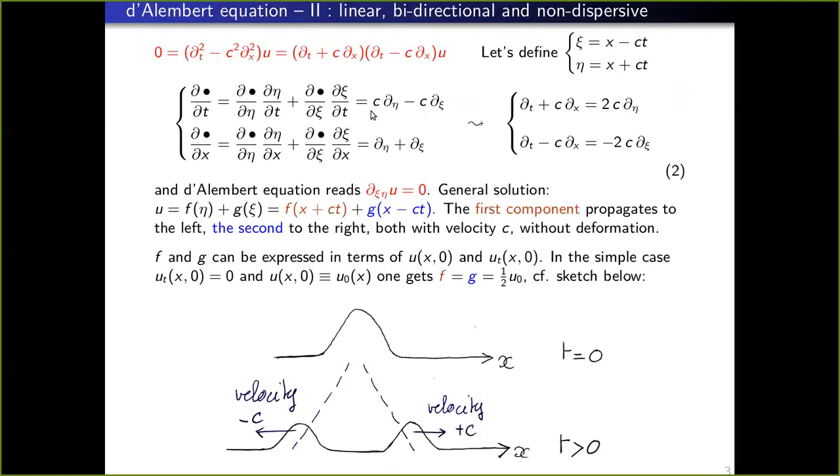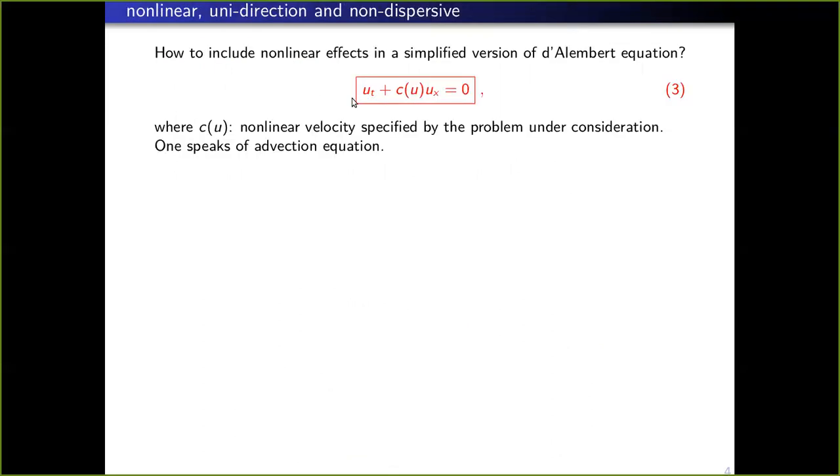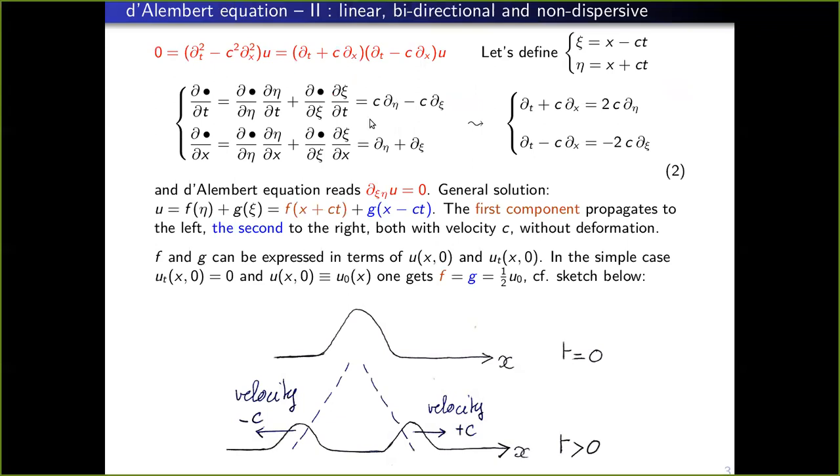You see, let's keep only the first one here. And write the equation ut plus c ux equals 0. And if c were a constant, that would be a simplified version of D'Alembert, and the solution will be simply not the brown one, but only simply the blue one here. Easy to check. x minus ct.